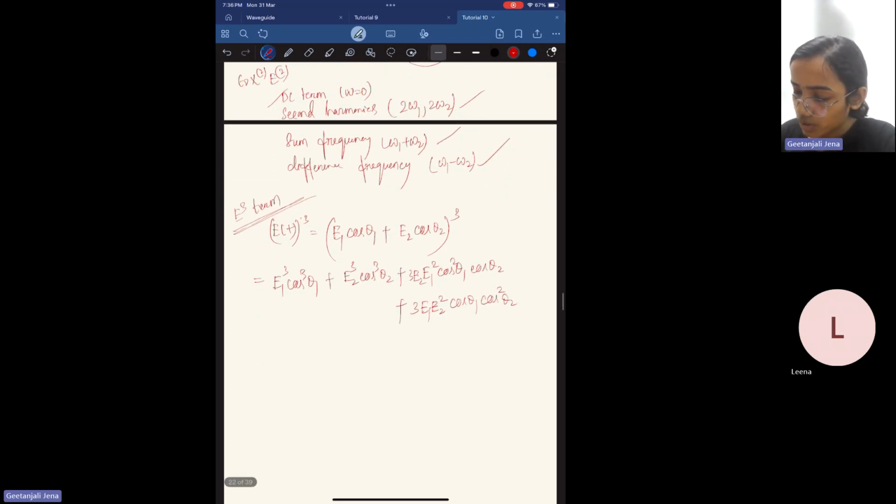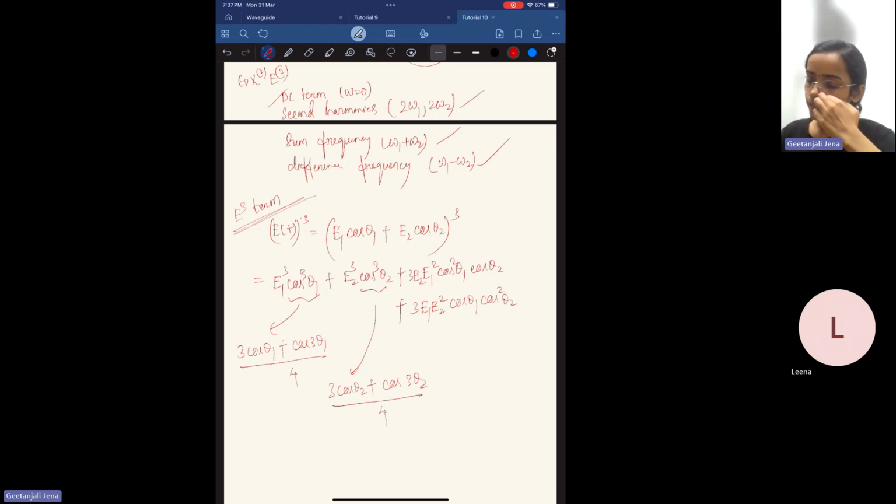The expression for cos cube we already know. This will be 3 cos theta 1 plus cos 3 theta 1 by 4. This will be 3 cos theta 2 plus cos 3 theta 2 by 4. And in the cos square terms, you can put 1 plus cos 2 theta 1, and here you can put 1 plus cos 2 theta 2.